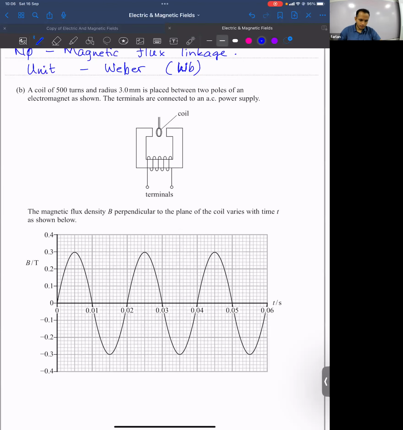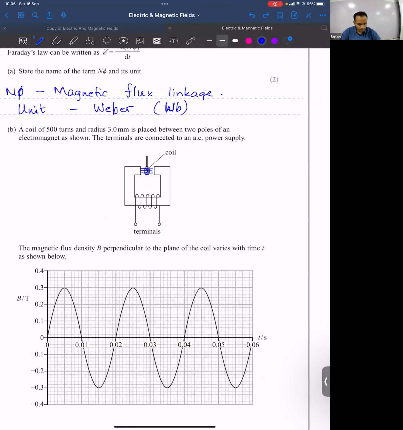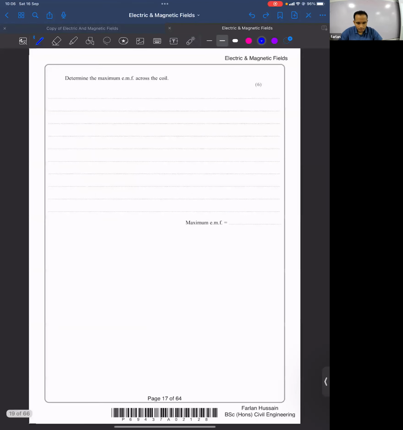So guys, this graph gives how the magnetic flux density is changing through the coil. Determine the maximum EMF across the coil, for 6 marks.